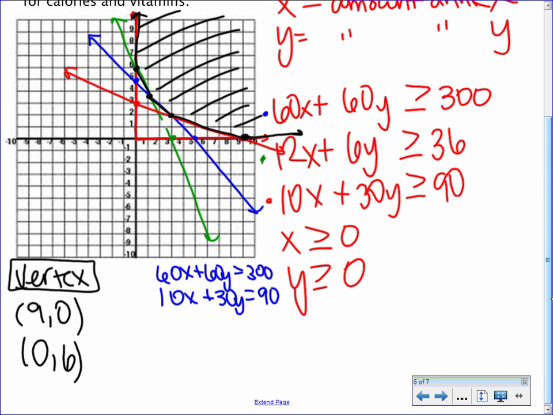For this one, I would multiply this by -2, so then I could cancel out my y's. So 60 plus -20x would be 40x. Our y's would go away. 300 plus a -180 is what? So x is 3.